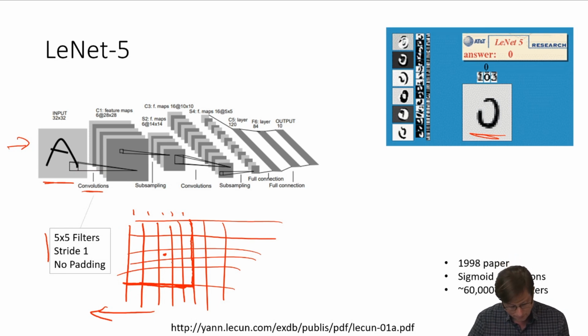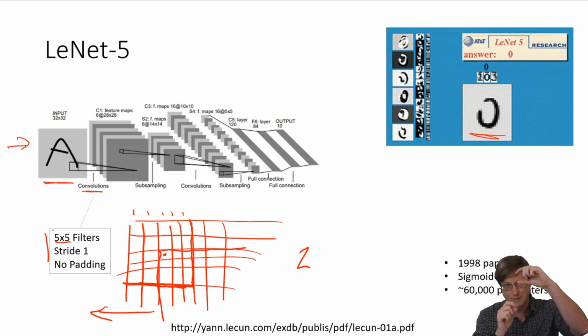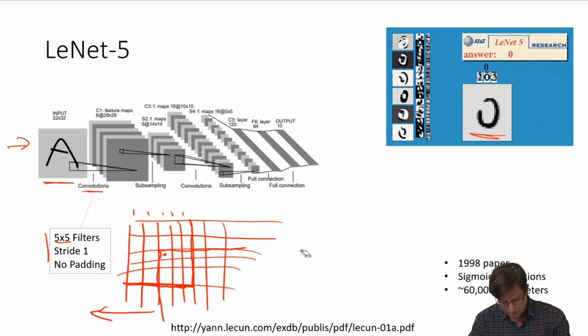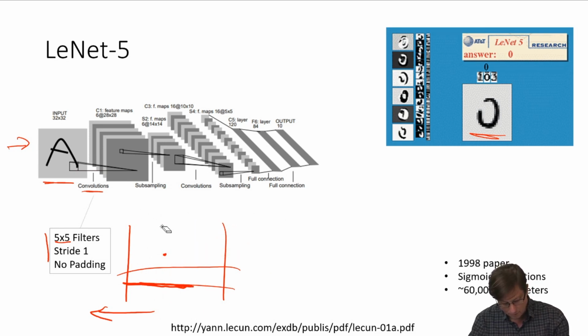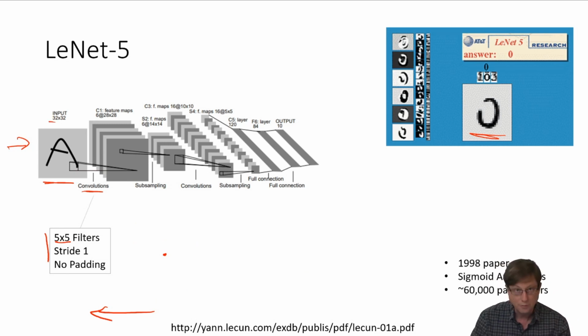And that means that the space of activations is going to cut off, in this case, 2 pixels completely around the entire image, because the 5x5 filter has 2 pixels on the top, the same on the bottom. And this is a kind of long-winded way of saying that the input is 32 by 32.